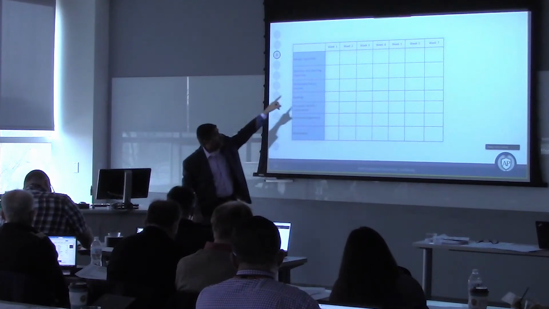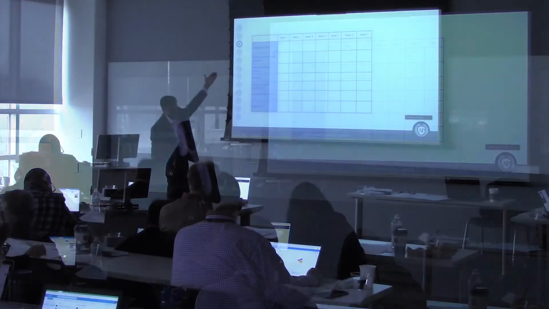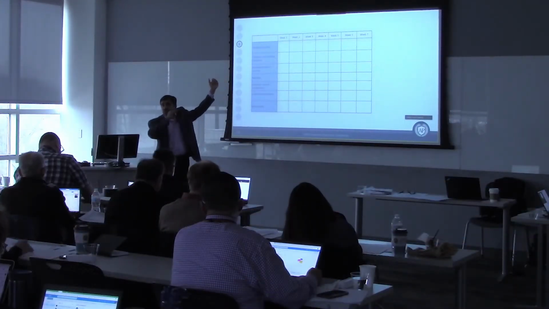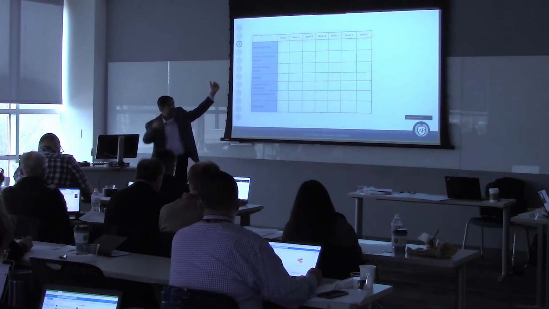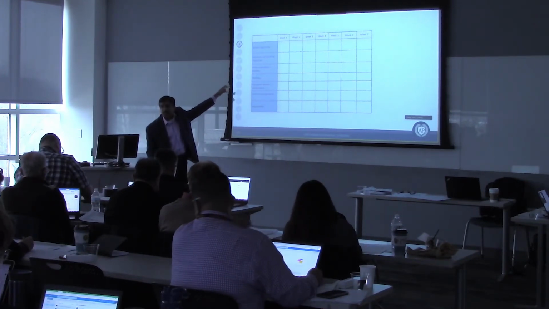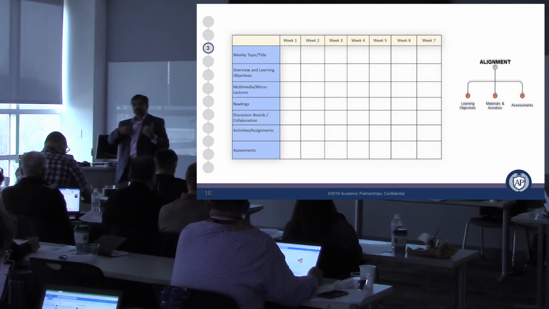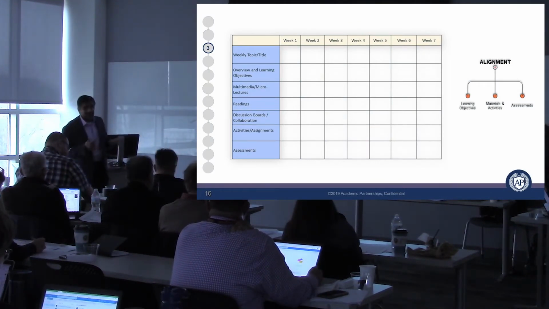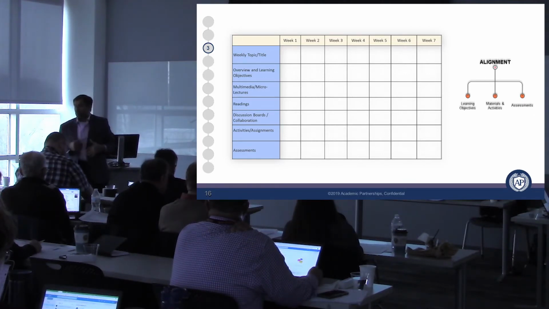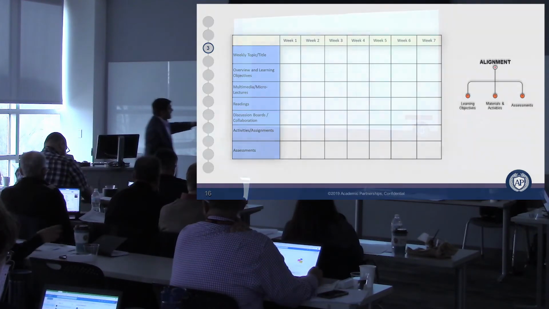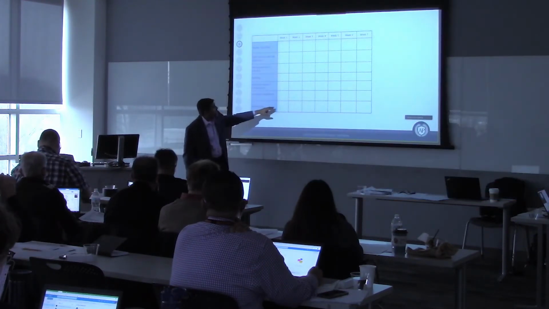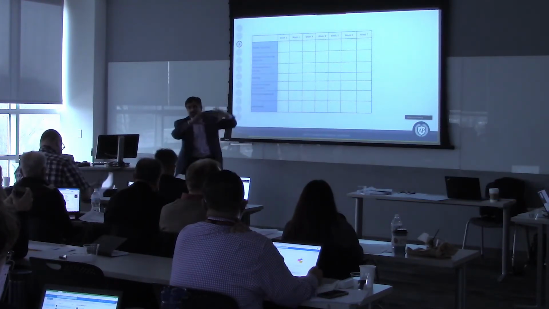So it is about week 1 through 7, and then what are the weekly topics? What do you want to address in each one of those weeks? And what are the learning objectives? What are some of the lectures or learning resources that you are using? Readings? What kind of discussions will you be using each week? And activities, assignments, and assessments. So that's actually the purpose of putting it in a format.